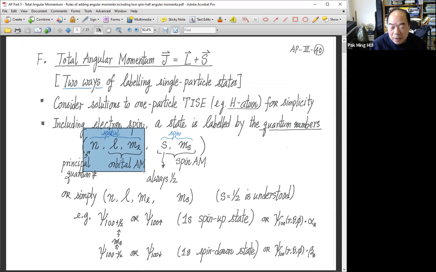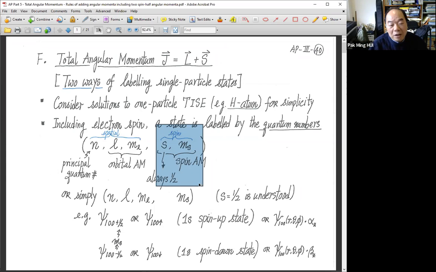You need 3 quantum numbers, n, l, ml, in which these two are describing the orbital angular momentum. Then, in the last chapter of last term, you did a lot of spins, and you know electron spin is always half, the quantum number s, and the Z component can be plus half, minus half.